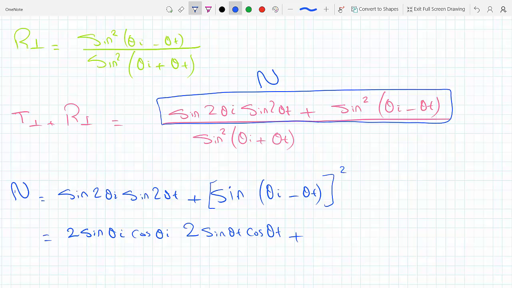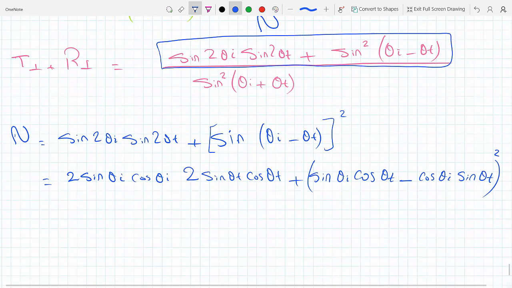So sine theta I minus theta t will be sine the first cosine the second minus cosine the first sine the second, and this whole thing here is squared. Okay, so let's open up the square.